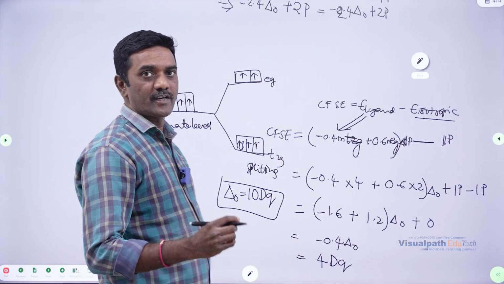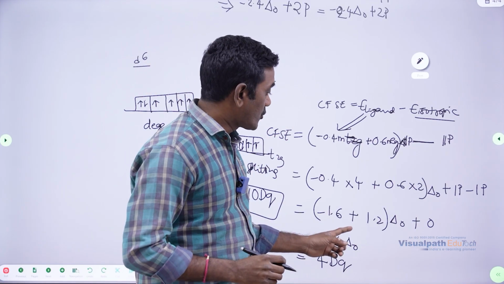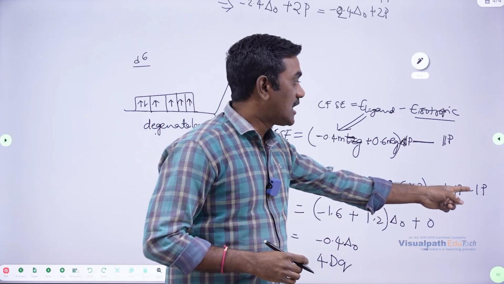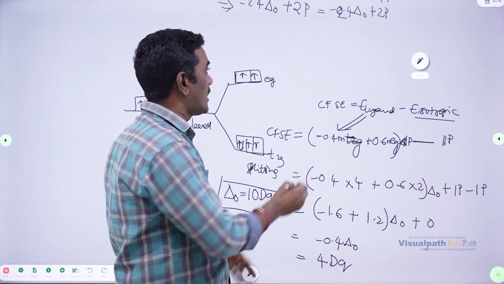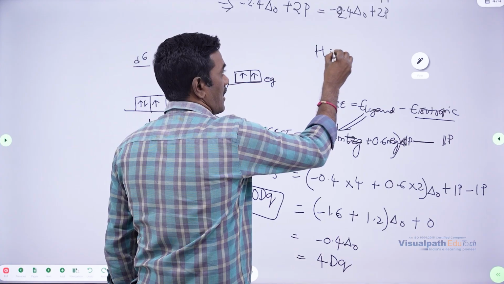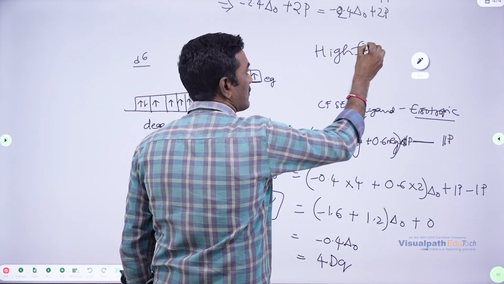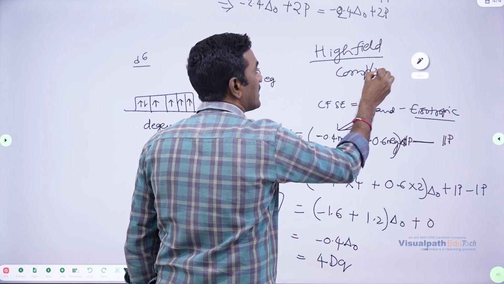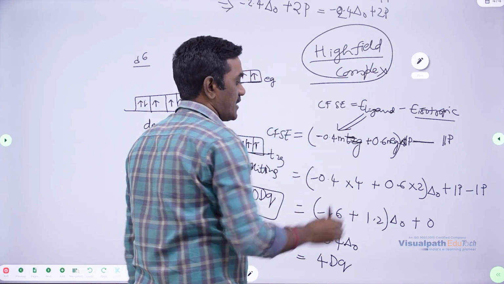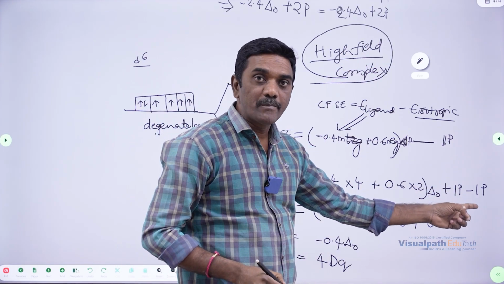Here, what we have to observe very clearly is that there will not be any pairing energy in the high spin complex. There will not be any letter called P. Why?